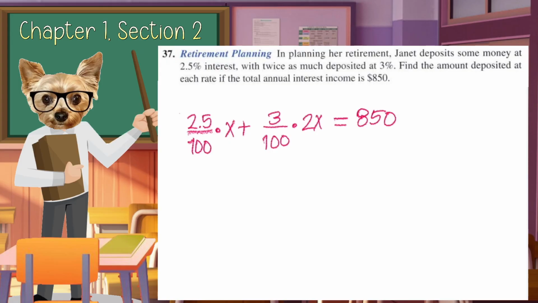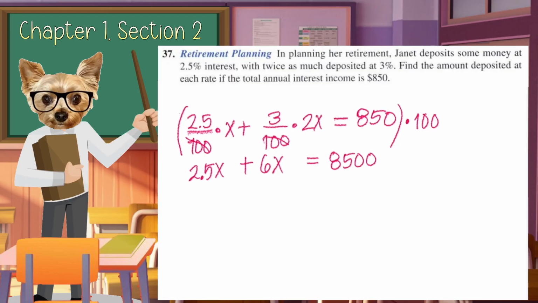My goodness, how difficult. Well, I would start by multiplying everything by 100, classic, clearing out my fractions. Then I get 2.5x plus, so that's gone, 3 times 2x, so 6x equals 850 times 100, which is 850 with 2 extra zeros.